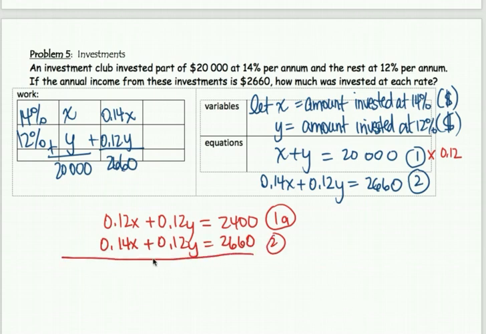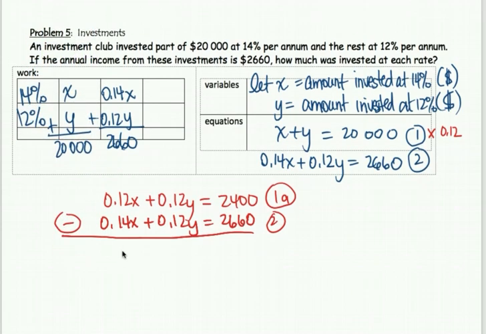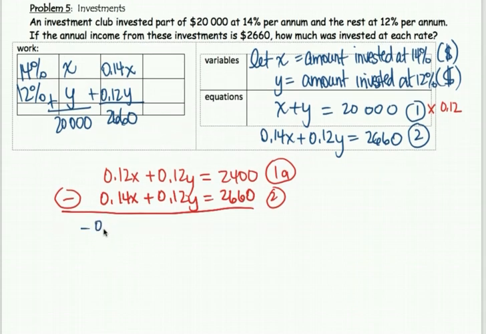All right, and then make a decision. Are we going to add or subtract to get rid of the y? We are going to subtract. Okay, so when I subtract these two, you're going to end up with a negative 0.02, and the y disappears, the equal sign comes down, and you end up with a negative 260 on this line there.